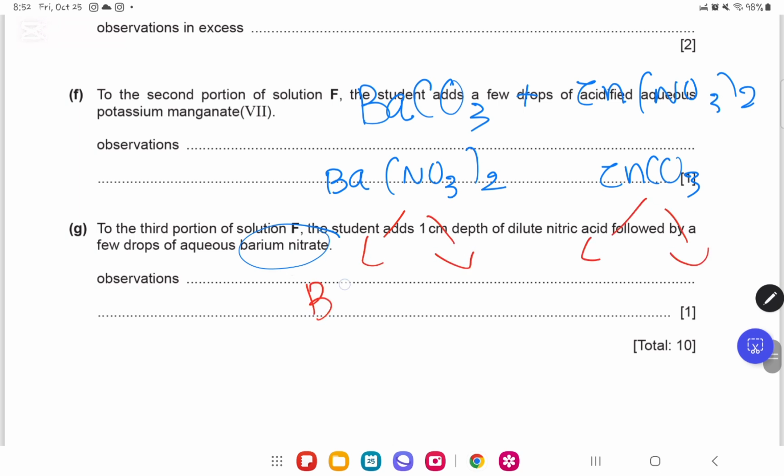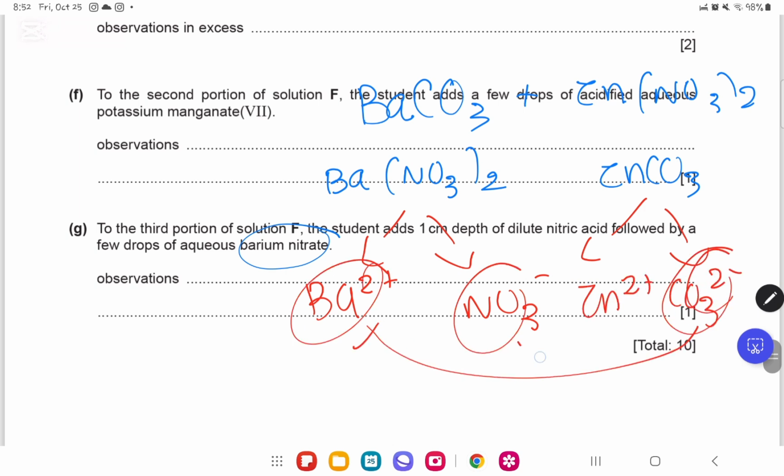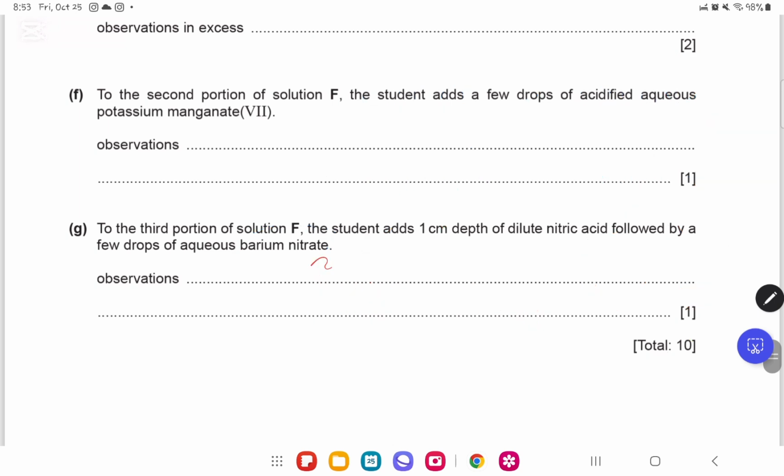We're going to get Ba2 plus, NO3 minus, Zn2 plus, and CO3 2 minus. And we switched here with here, here with here, and so then we got these. Definitely by memorizing the solubility rules, you will know that this forms an aqueous solution, it's dissolvable in water, and this as well forms an aqueous solution, which is dissolvable in water. So since they're both aqueous, there is no change, okay?